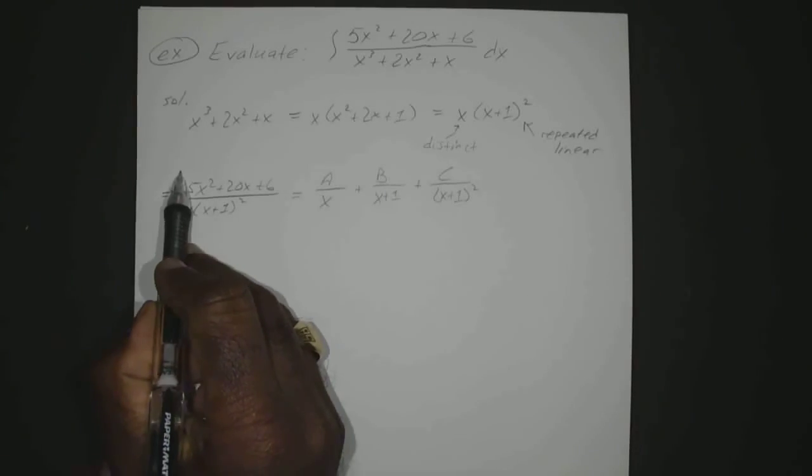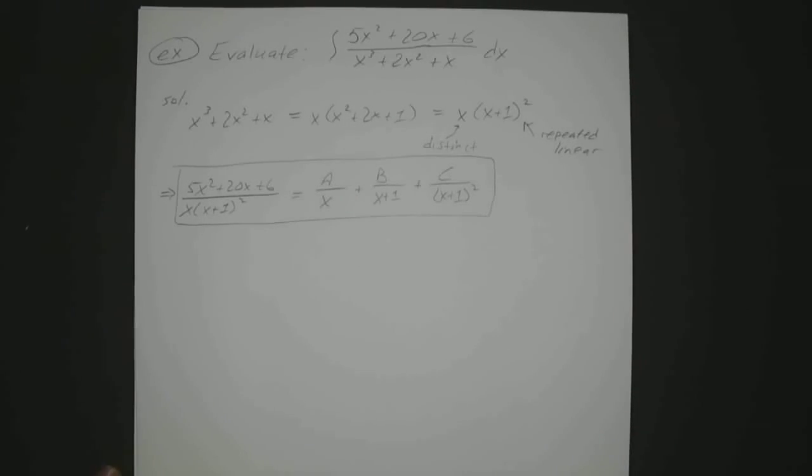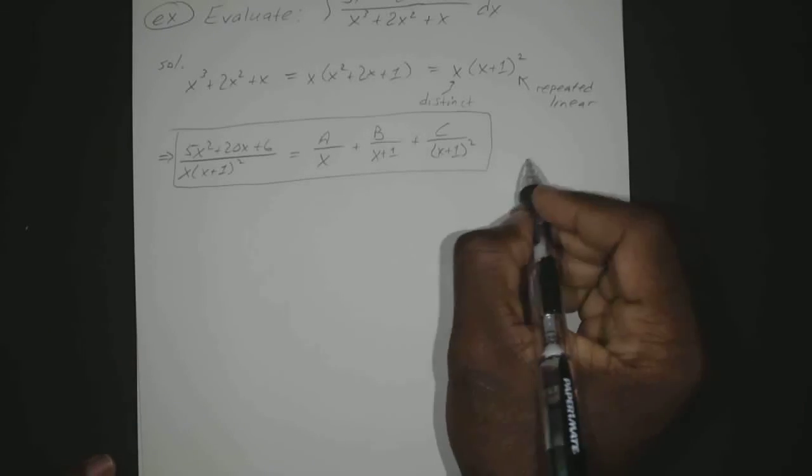All right, so we're going to come back to this later after we solve for A, B, and C. Okay, so now once we're here, we automatically have to get like denominators.